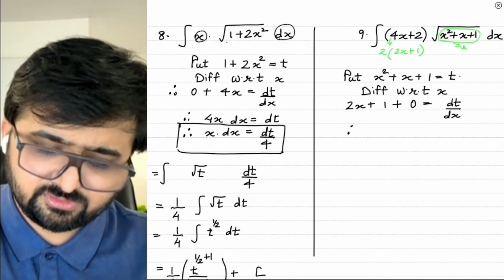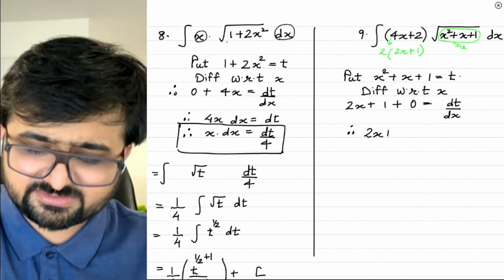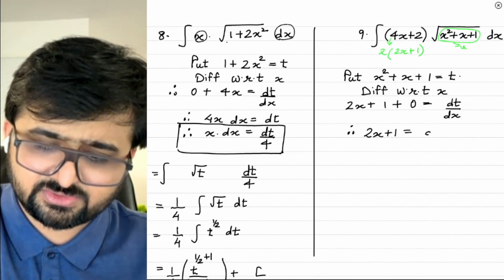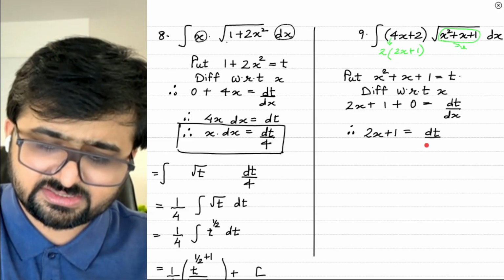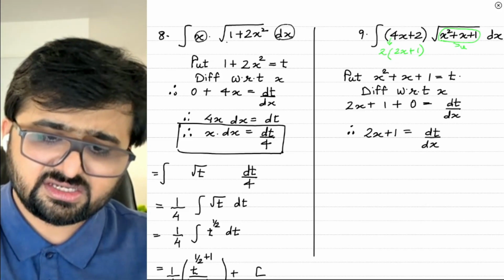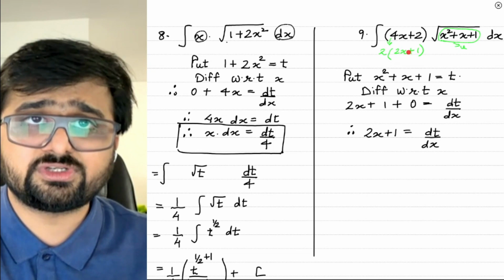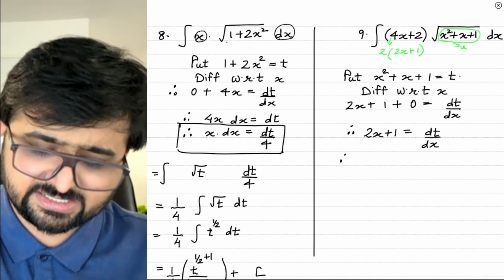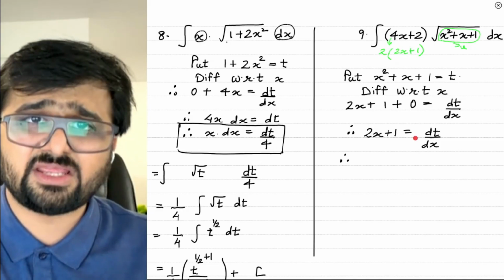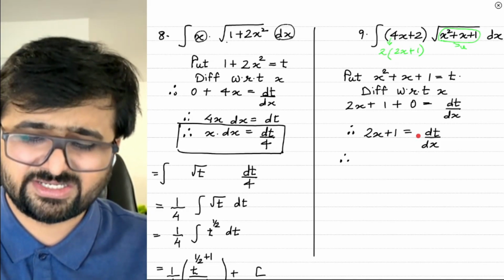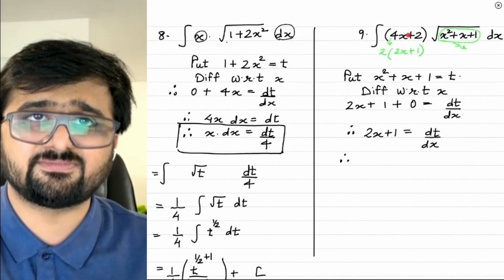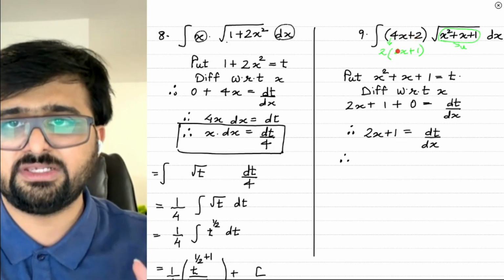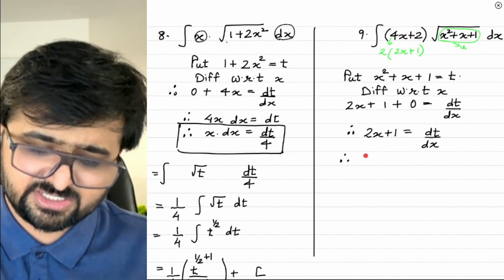So therefore, I have 2x plus 1 is equal to dt by dx. Okay. I actually have 2 times 2x plus 1. So therefore, or actually just multiply both the sides with 2.